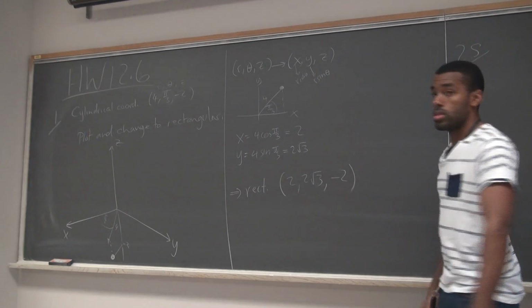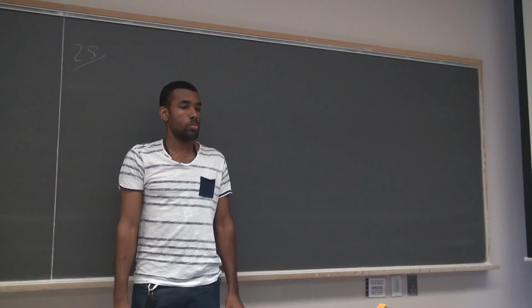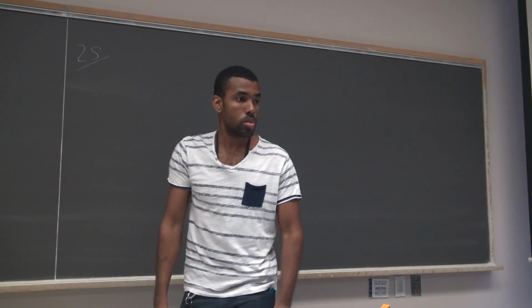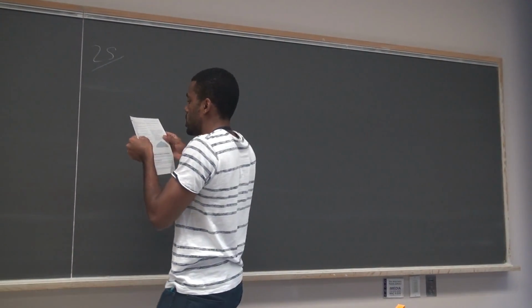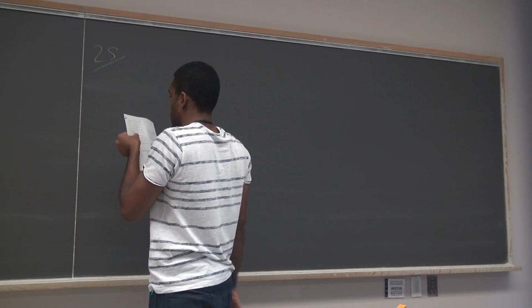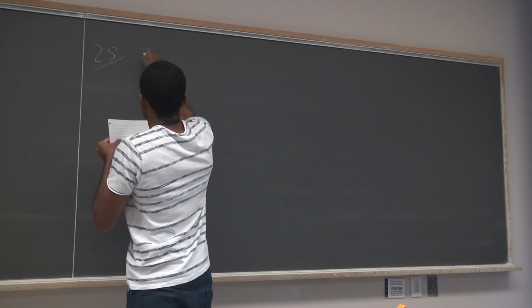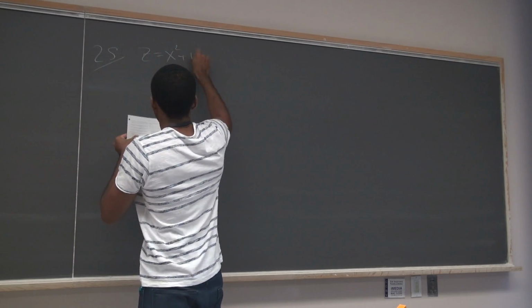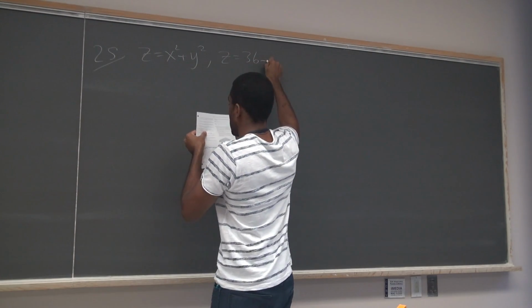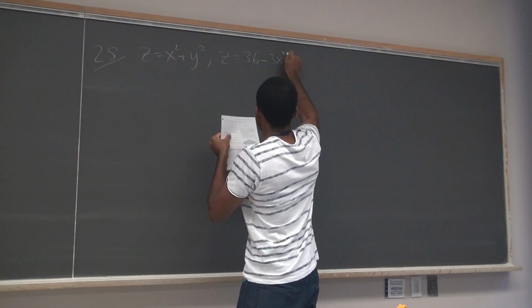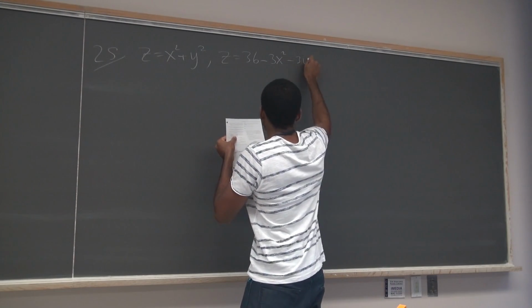Number 25. What does that say? Find the volume of the region E bounded by the paraboloids z equals x squared plus y squared and z equals 36 minus 3x squared minus 3y squared.